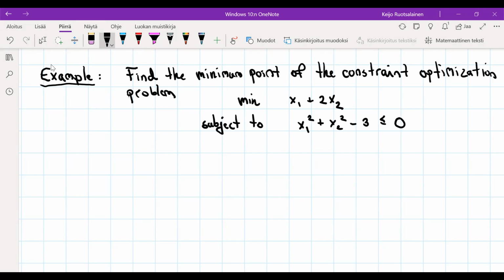So let us take a cost function which is linear, and the constraint set is the disk, whose boundary is a circle, the center is at the origin, and the radius is square root of 3.